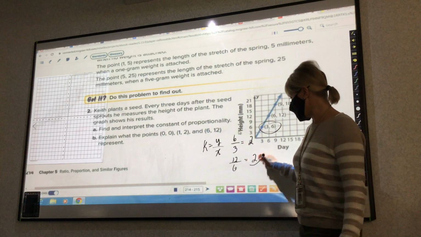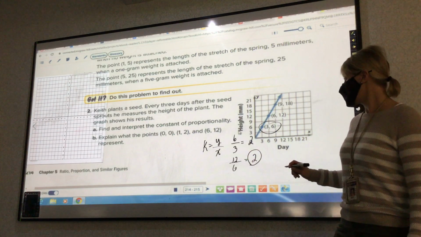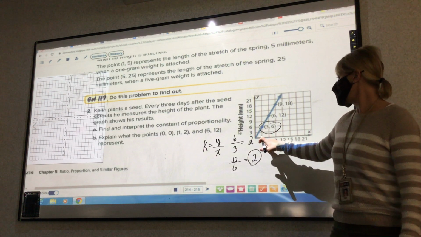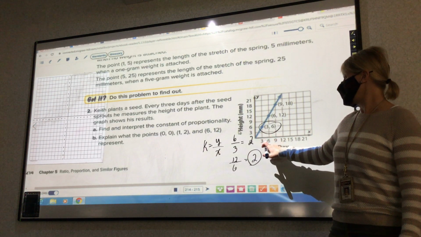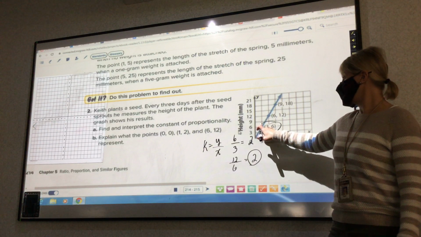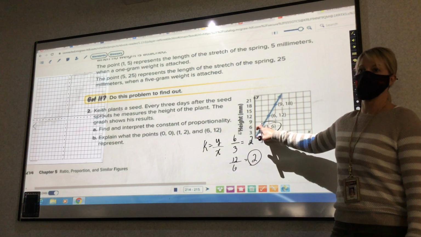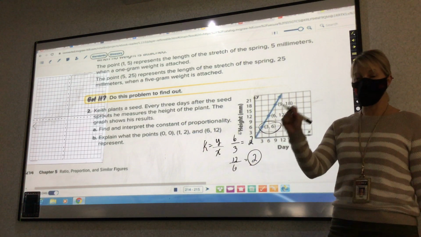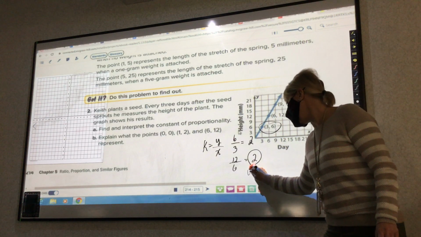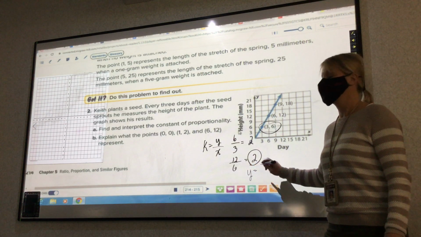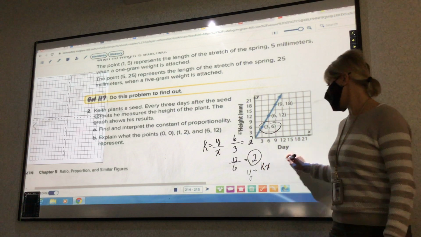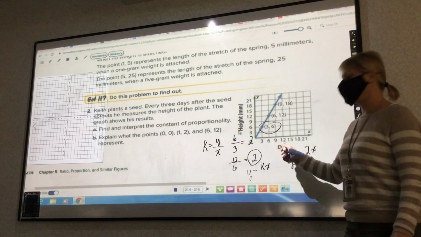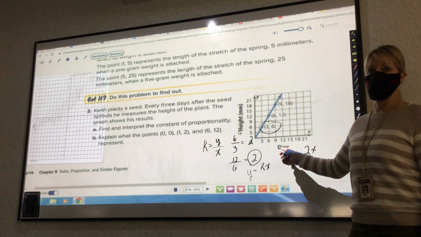So here is my constant, which is 2. So for every 3 days, the height goes up 6 millimeters, right? But now, to explain this, let's put it in our equation: Y equals K times X. So Y equals 2 times X. My X is my number of days, okay?